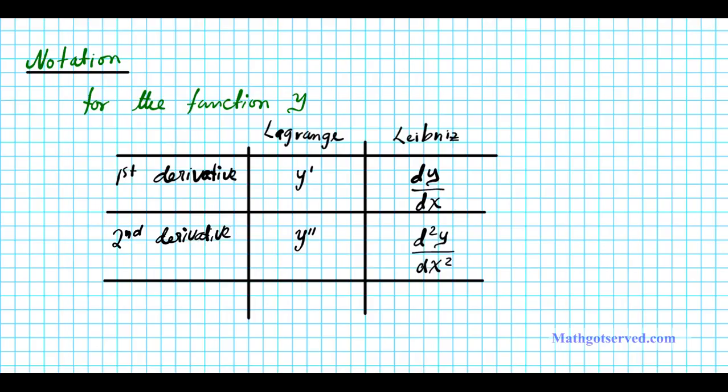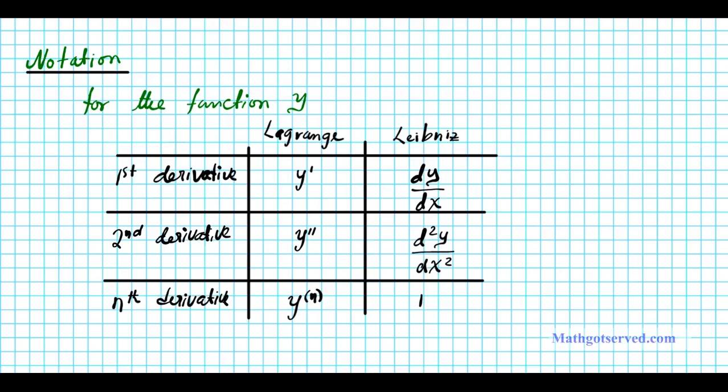Let's go ahead and make a generalization. What if you're looking for the nth derivative? The Lagrange notation for the nth derivative is y parenthesis n, not y to the nth power, just y parenthesis n.